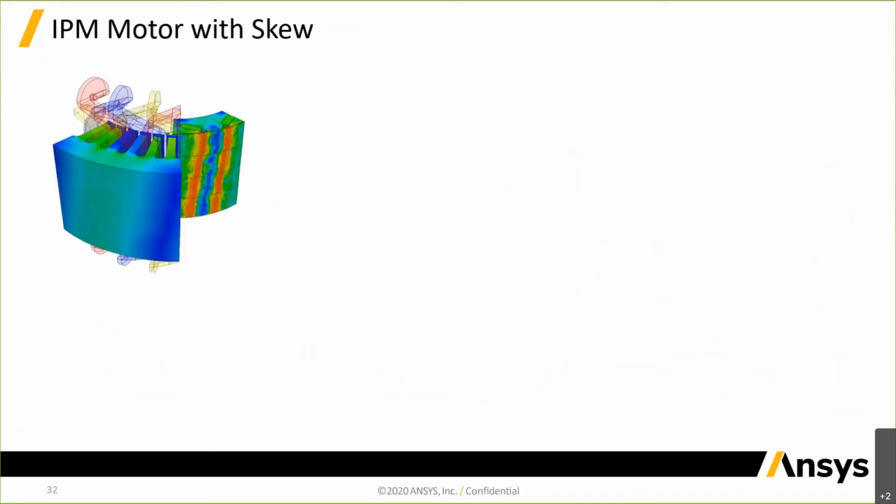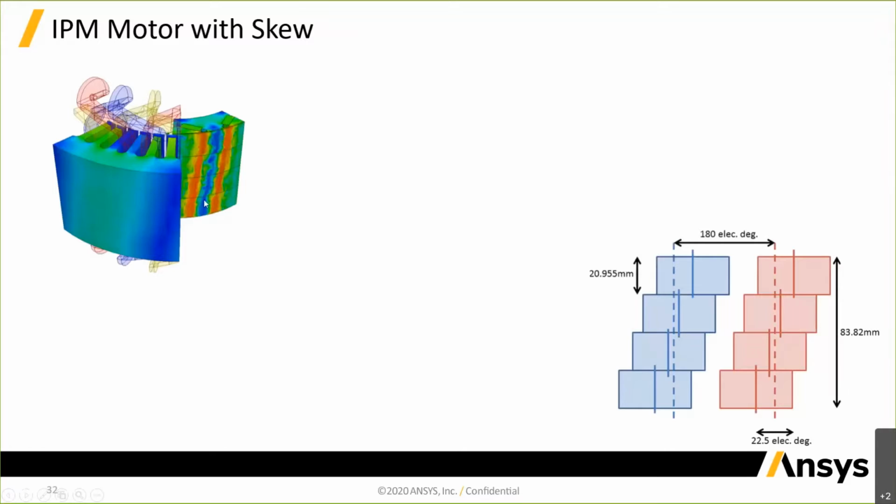So in this example, I'm going to look at an IPM machine with skew, and so we can represent it, of course, in 3D like this, where we see the flux on the skewed rotor is sort of following the rotor skew here. So that might look like this in terms of the magnets stacked up on top of each other.